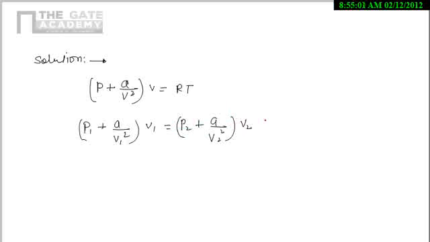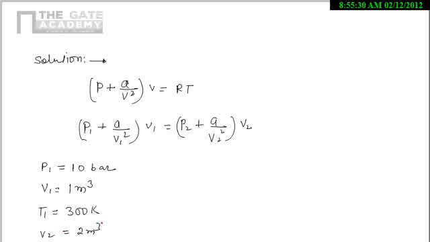Here in the problem P1 is given, that is 10 bar, V1 is 1 meter cube, temperature is 300 Kelvin, and the final volume V2 is 2 meter cube.